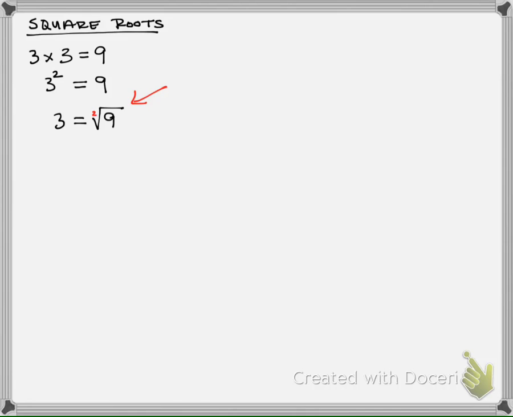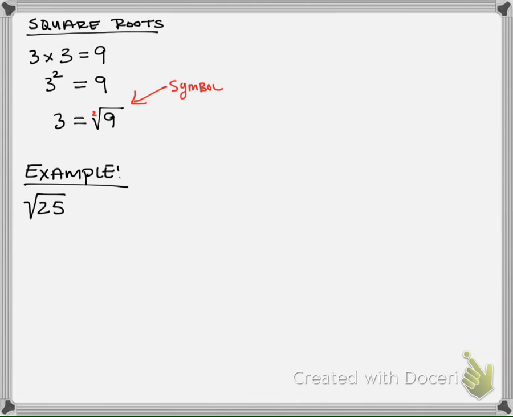So what we see is that the opposite of squaring a number is taking its square root. Alright, so the opposite of squaring a number is taking the square root. Let's look at some examples.